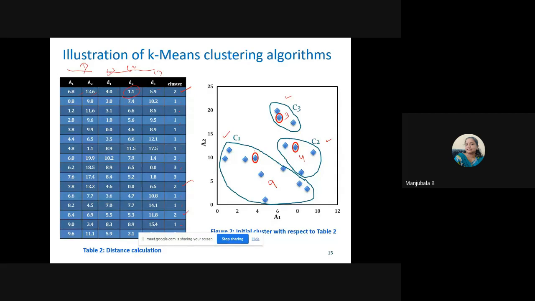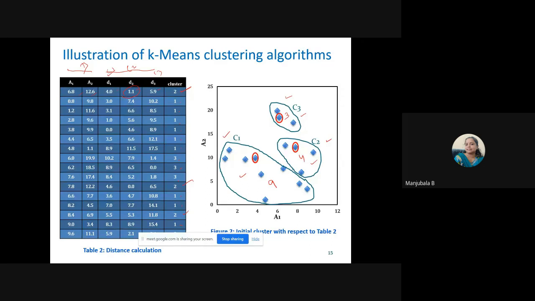So in order to find out the centroid of the cluster C1, you have to find out the average of the attribute A1 and the average of the attribute A2 for those points belonging to the cluster C1. Similarly, the centroid of C2 you can calculate by using the average values of these 3 points for each attribute. Similarly, the centroid of C3 we can calculate by taking the average of attribute A1 and A2 for these 3 points.